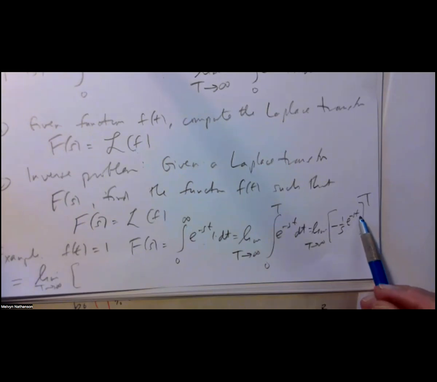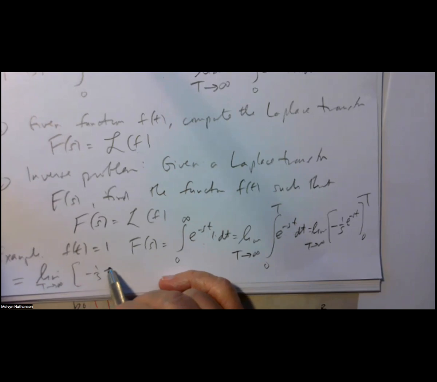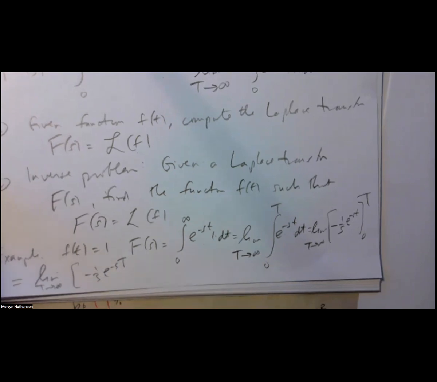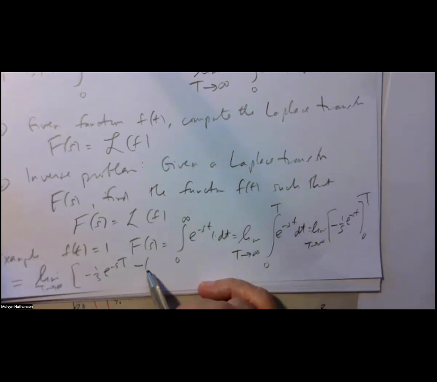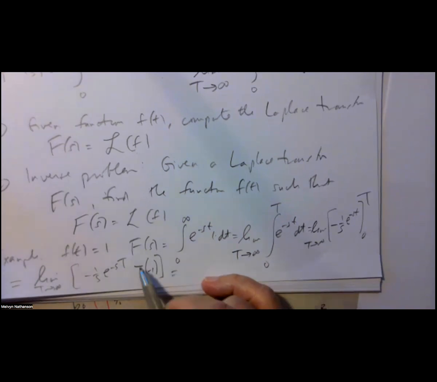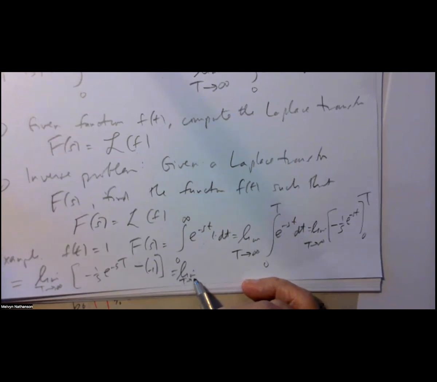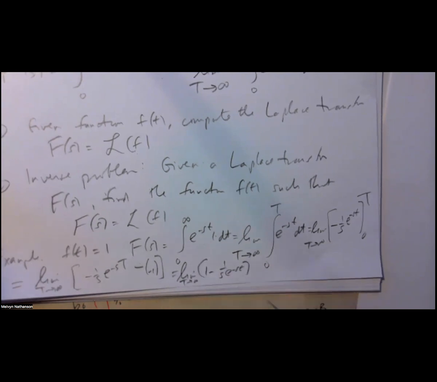When you evaluate this at capital T, you get minus 1 over s, e to the minus sT, minus, and when you evaluate this at 0, you get minus 1. So minus minus 1 is plus 1. This is the limit as T goes to infinity of 1 minus 1 over s e to the minus sT.